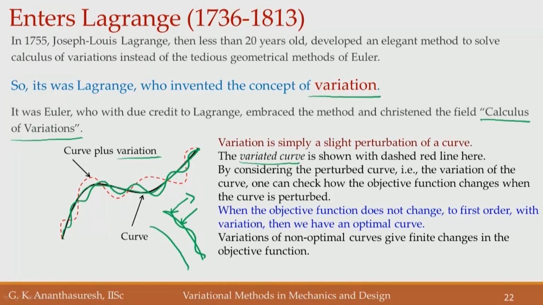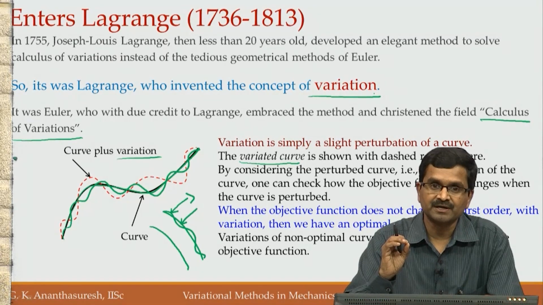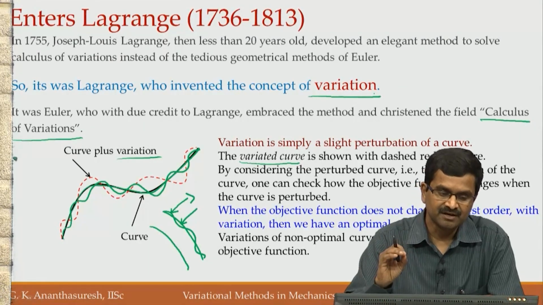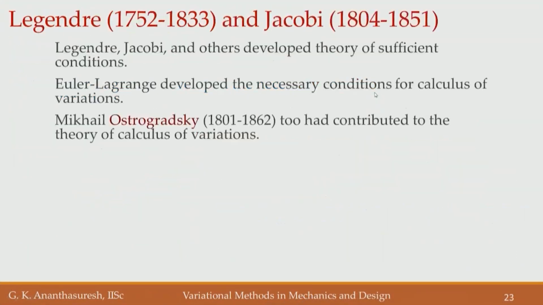That is why the variation concept, which is the perturbation, is a very important concept in calculus of variations, and it was introduced by Lagrange. Later on, after Euler-Lagrange looked at the necessary condition, Jacobi and Legendre and others considered the sufficient condition also.